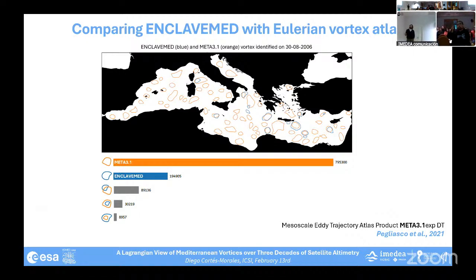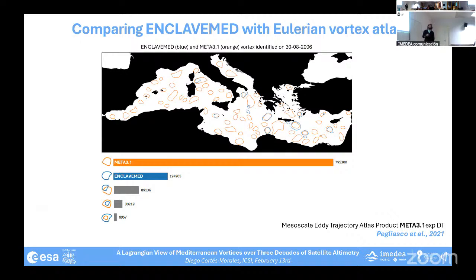So what I want to show you are the advantages of this new Lagrangian vorticity atlas compared with the previous Eulerian vortex atlas, in particular META 3.1. Here you can see just a snapshot of 1 day of what the atlas looks like.